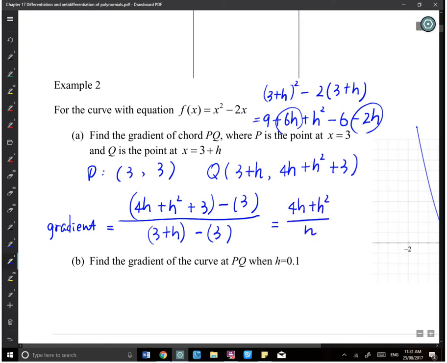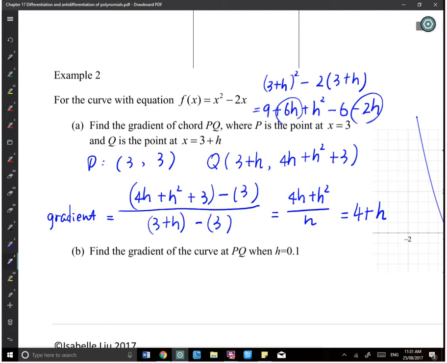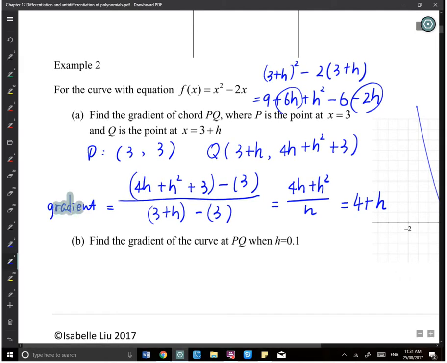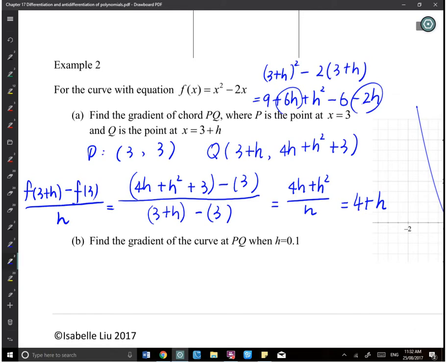Dividing by h, what I have here is 4 plus h. Okay, 4 plus h. Well, how do I get the gradient? The gradient is f(3 plus h) minus f(3) over h, right? That's the gradient. y2 minus y1 over x2 minus x1. That's h.